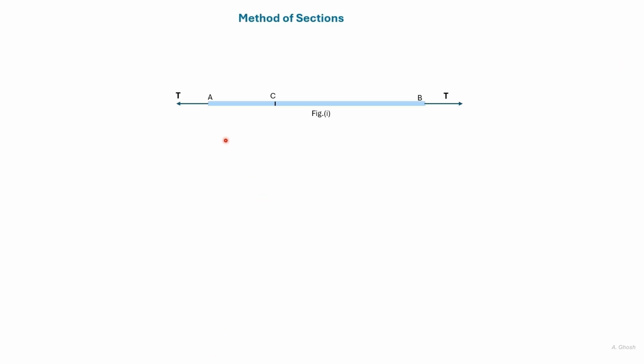Now consider a rope AP, which is subjected to a tension P. Let C be a point in the rope.